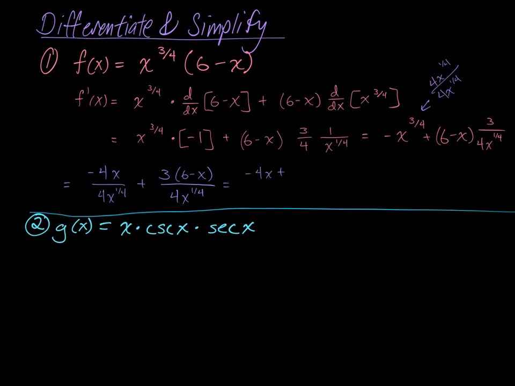So now these two fractions can be combined into -4x plus, and I'm going to distribute this out, 18 minus 3x, all over 4x to the 1/4 power. And this then becomes -7x plus 18 all over 4x to the 1/4 power.